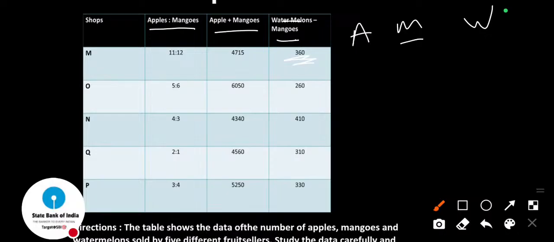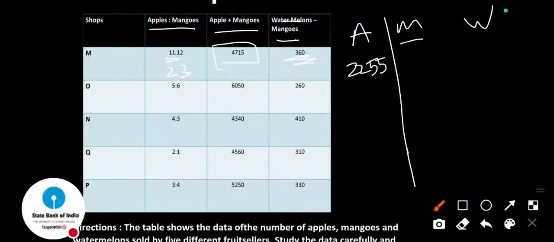So 11 plus 12 is 23 parts. 23 parts value is 4715, which means one part value will be 205. So 205 into 11 is 2255 for the first one, apples. Next, 12 into 205 is 2460.